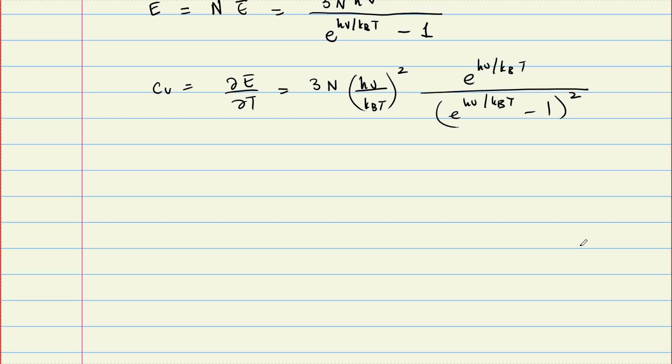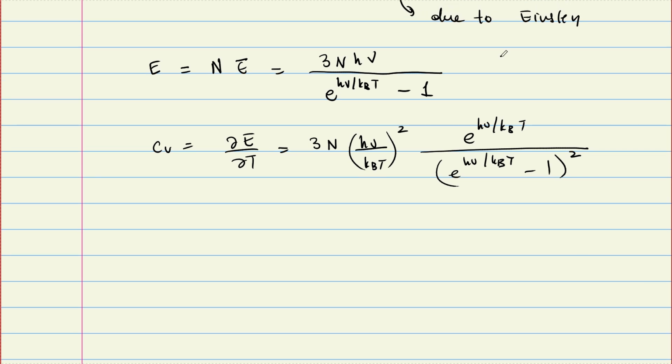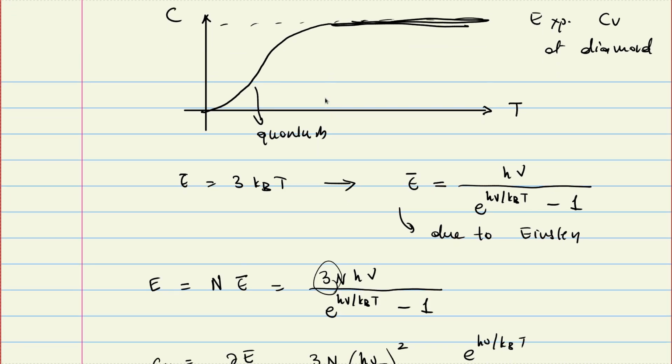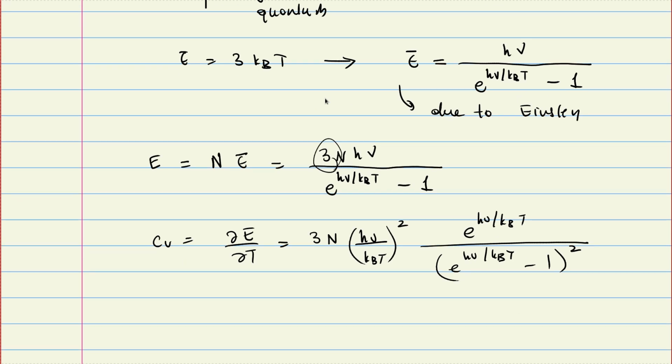Good? Is that clear? No T terms in the numerator. There is h nu over kBT, I combined it here. Right? Where does the 3 come from? This 3 is here. There are 3 modes for each lattice site. In the average energy we didn't count 3.